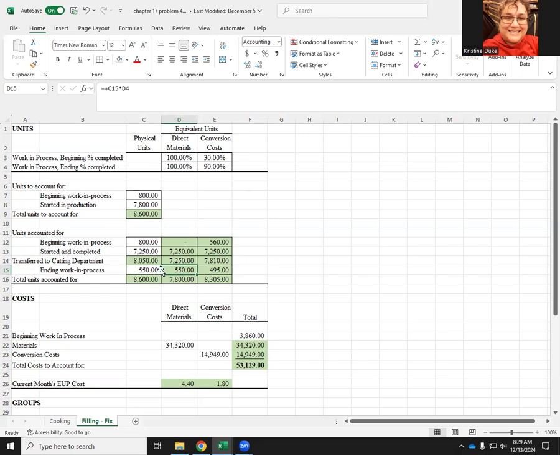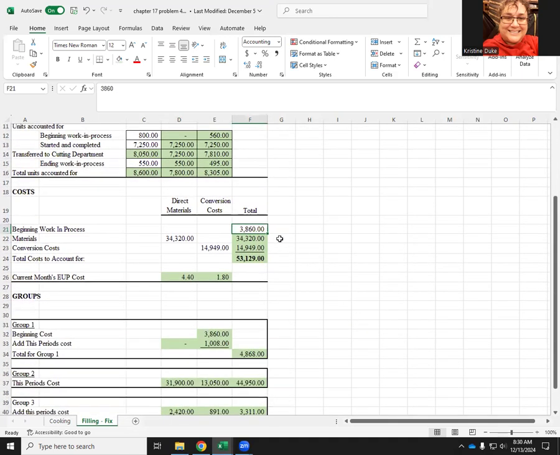So this is step one. Now I'm going to come down in here to step two. We break everything out into beginning work in process, started and completed, and ending work in process. So the dollar value of my beginning work in process is 3,860.